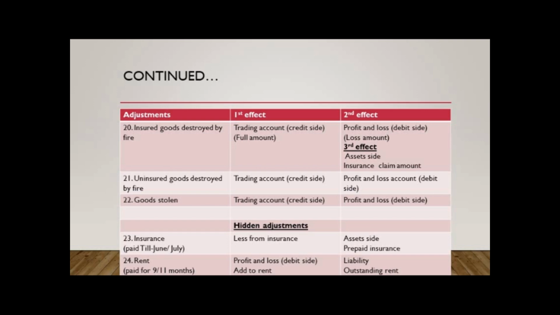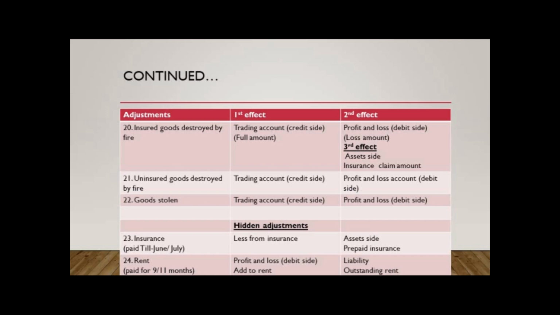Till here we have done all the adjustments that are given directly, but some of the adjustments are hidden, and they will be given in the trial balance. Let us see adjustment number 23, that is insurance, and below it is written, for example, paid till June or July, whatever they mention in the sum. It means insurance has been paid for the next few months.